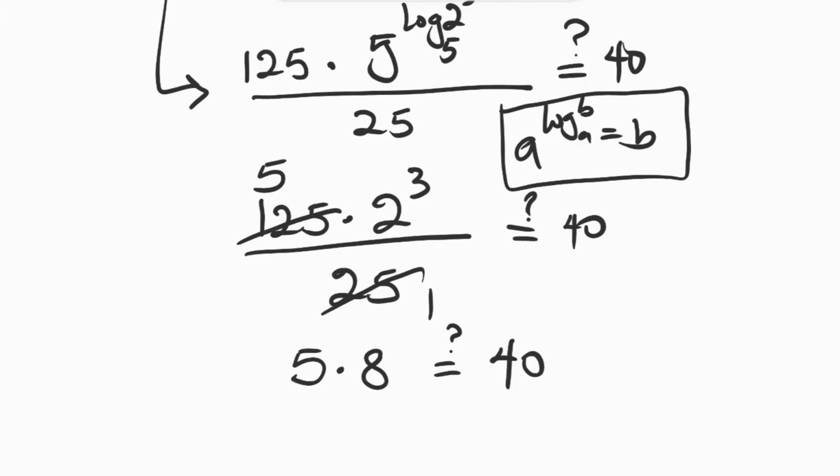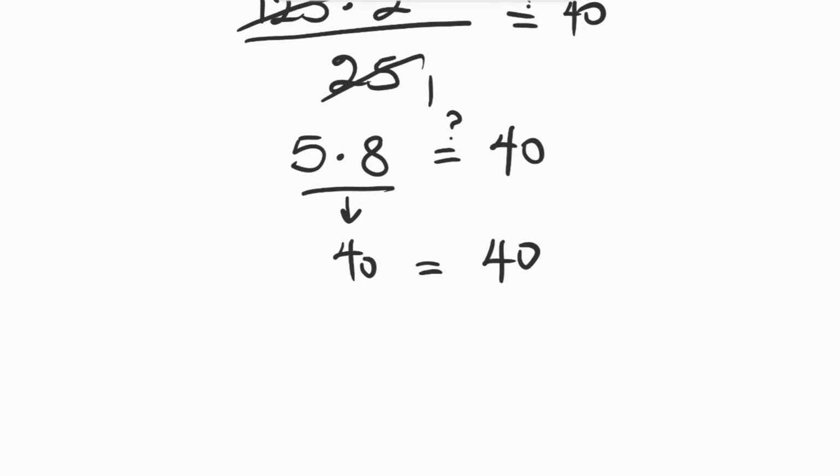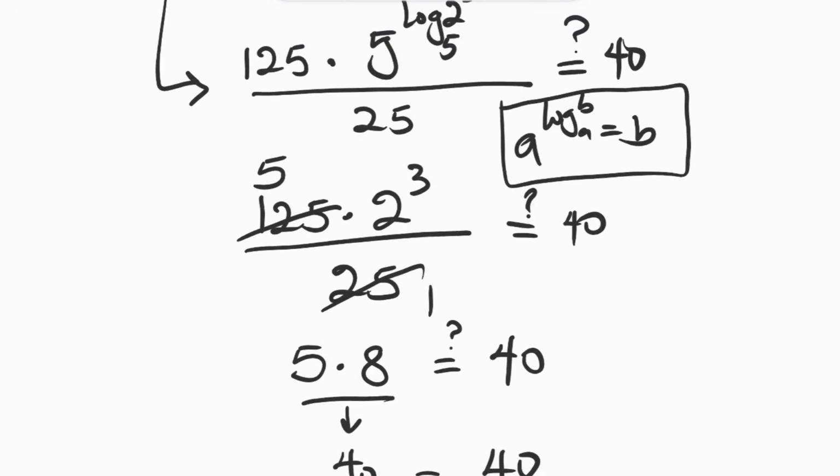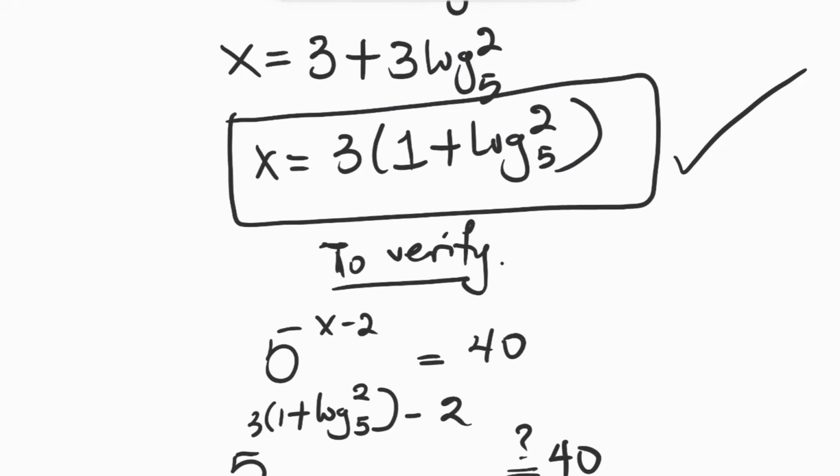And if we multiply 5 times 8, that will give us 40. And we see that's exactly what we have on the right hand side as well. So therefore, this means that our value of x, which is 3 into brackets 1 plus log of 2 base 5, is the correct answer.